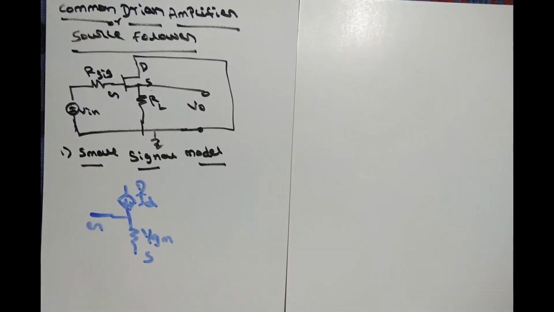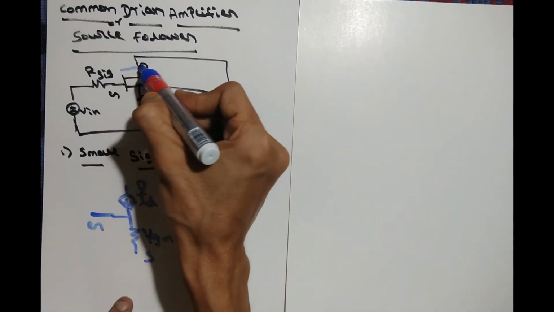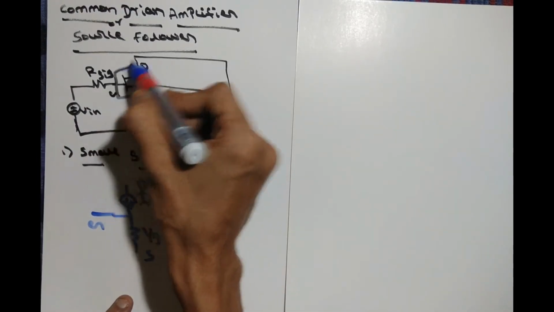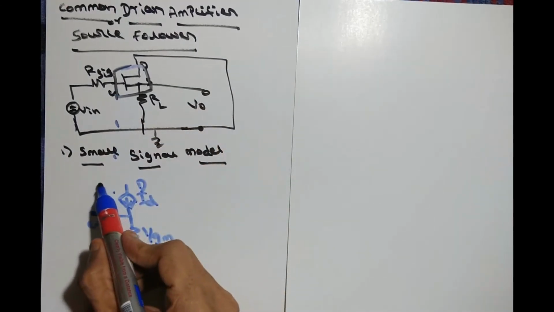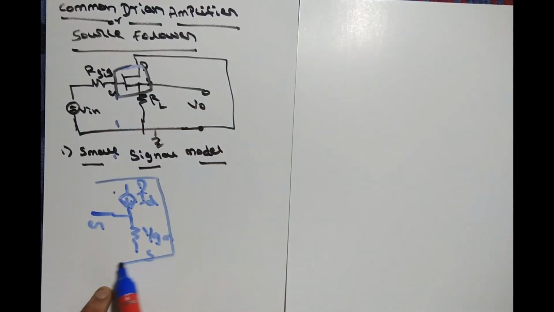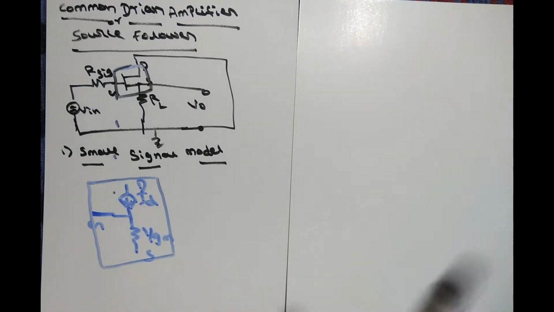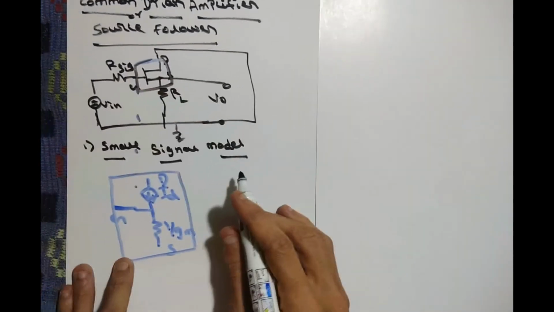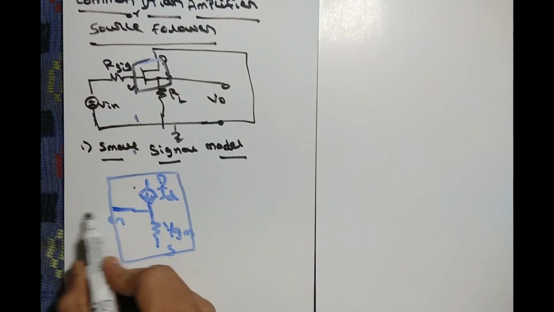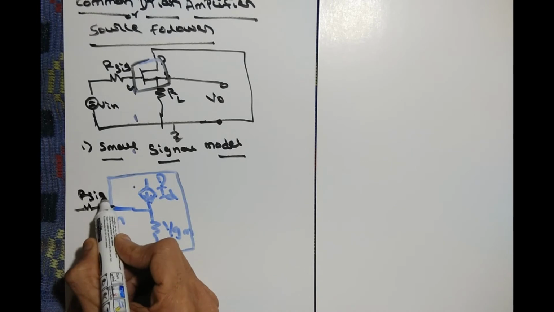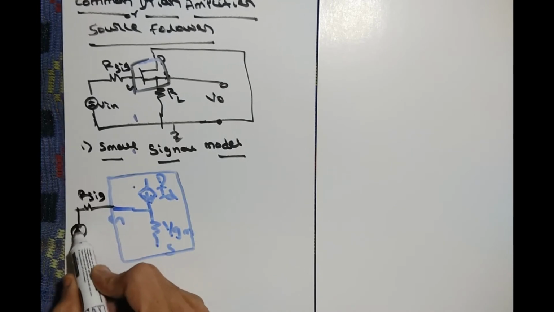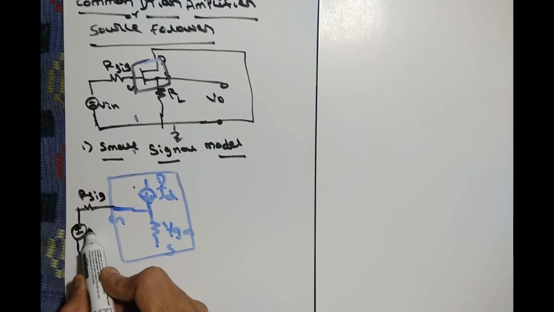This is the diagram for the MOSFET if the source is not grounded. Now the connected parts: we have Vin, and before that RSIG, connected as it is, with positive and negative terminals of Vin.